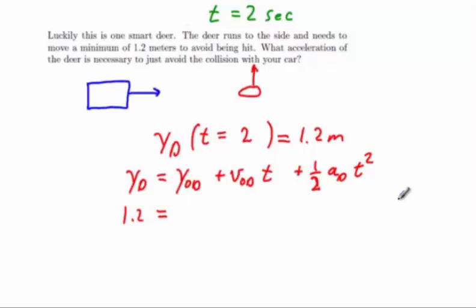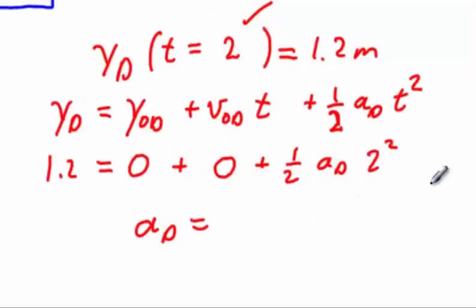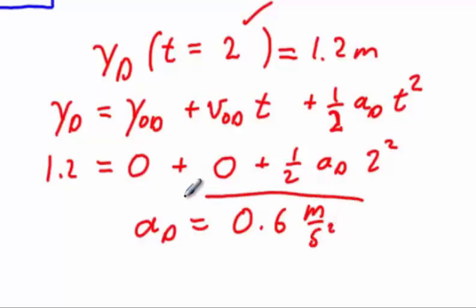Although the deer is sitting at x equals 40, its y position is 0. The initial velocity of the deer is also 0, leaving us with 1/2 acceleration of the deer times the time squared, and the time we said should be 2 seconds. 2 squared is 4, over 2 is 2. Divide the 2 to the other side, and we have an acceleration of the deer of 0.6 meter per second squared, necessary to avoid being hit by the car.